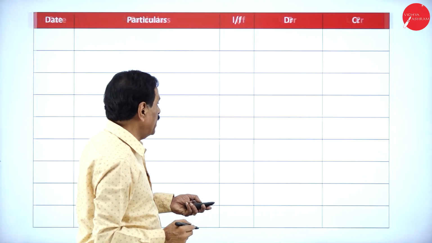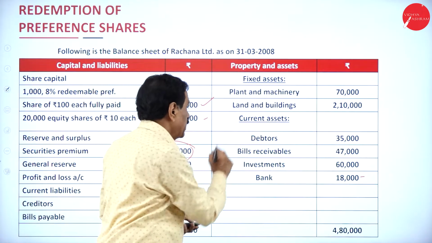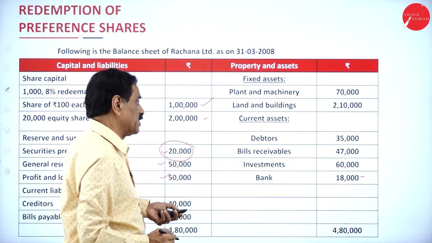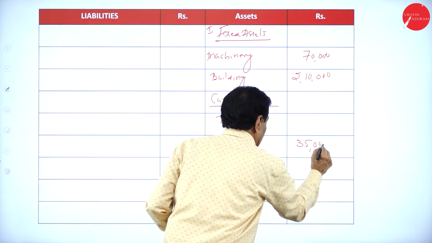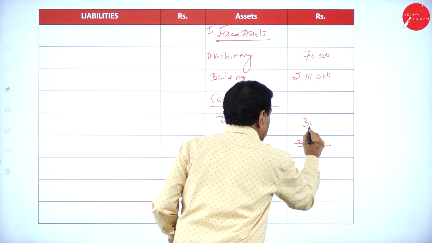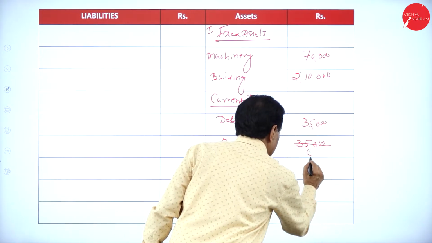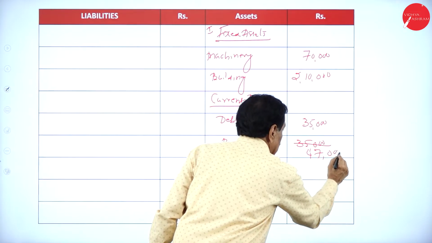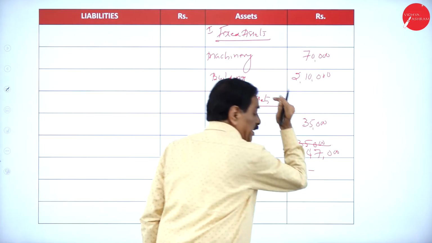What's your debtor figure? Debtors are 35,000. BR is 47,000. The question of bank does not come because you created the bank overdraft.